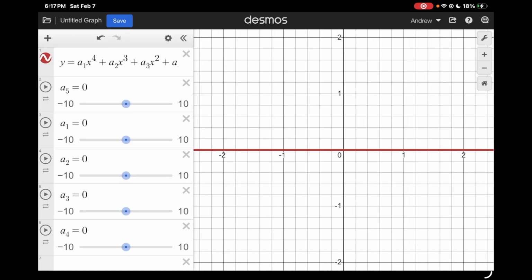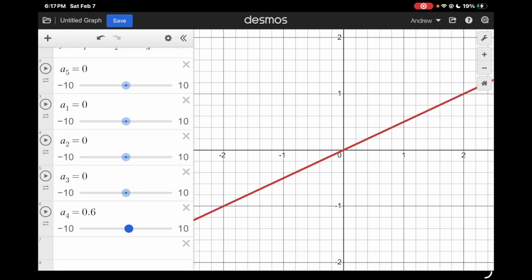So as I change these sliders, I'm able to change the degree. Now A3 is on x squared, so this is a quadratic. There's our parabola shape. Positive number, and you've got it coming from the top, leaving to the top. Negative coefficient coming from the bottom, leaving to the bottom.